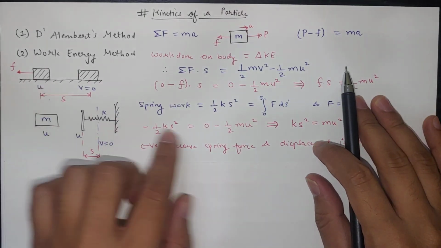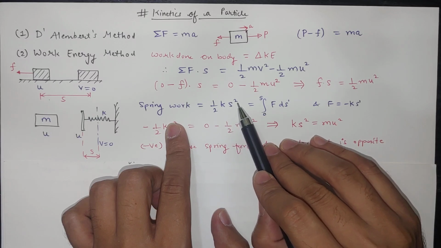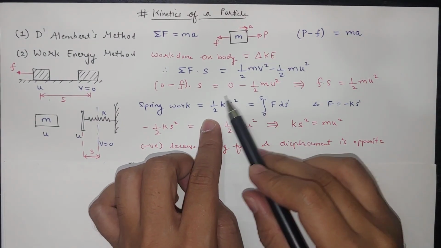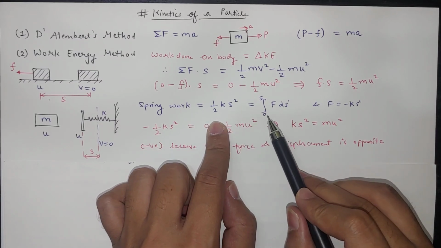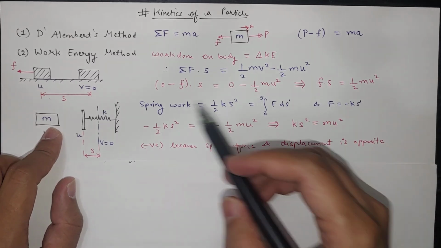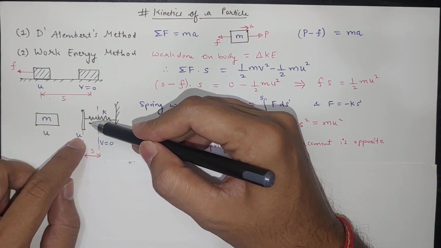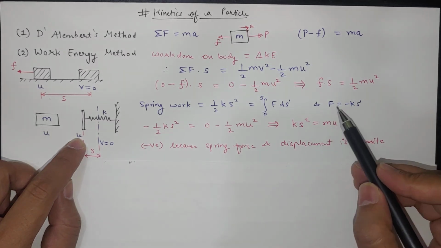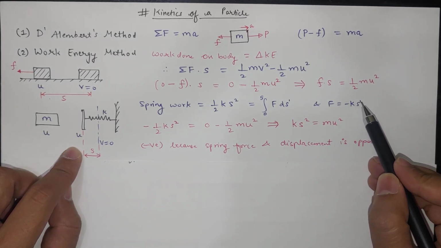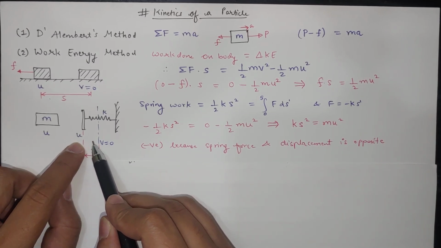Here the spring work is equal to half k x square, and this result comes from the integration from 0 to s of F ds dash, where at some particular distance s dash the force is minus k into s dash. Here s dash is a variable.